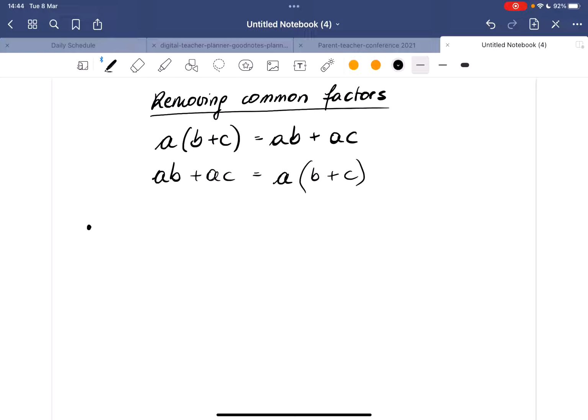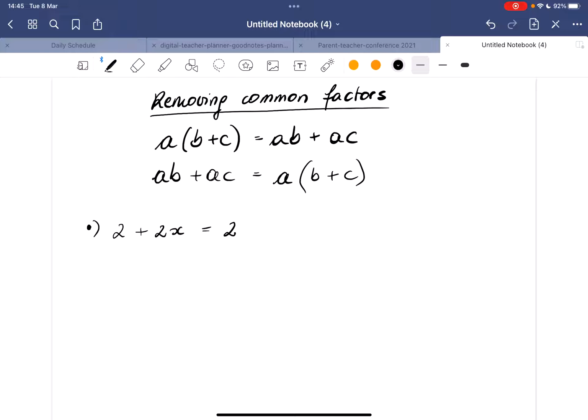So let's start with an easy one. What if we had 2 plus 2x? I hope that you can see that both these terms have the 2 in common. So this 2 goes in front of my bracket here.